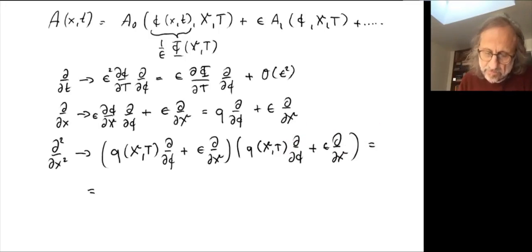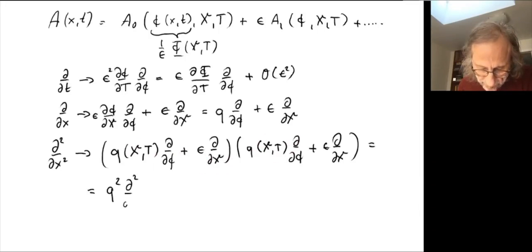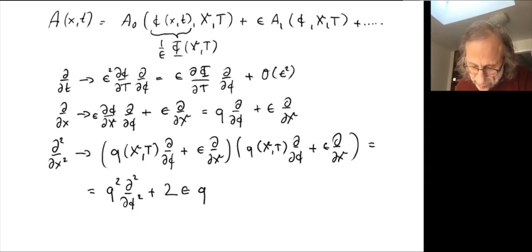Okay, so now we multiply this out, so we get q squared with the second derivative and so on. We get q squared, second derivative with respect to the fast phase, plus 2 times this mixed product, and in that factor 2, the slow derivative does not act on q. So this is actually going to be q times d by d slow x d by d phi.